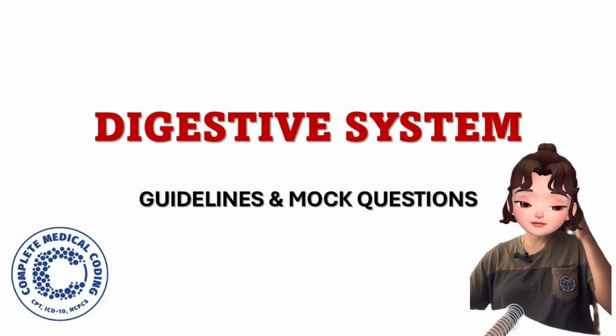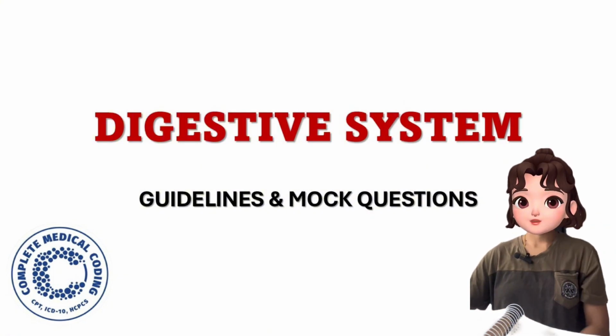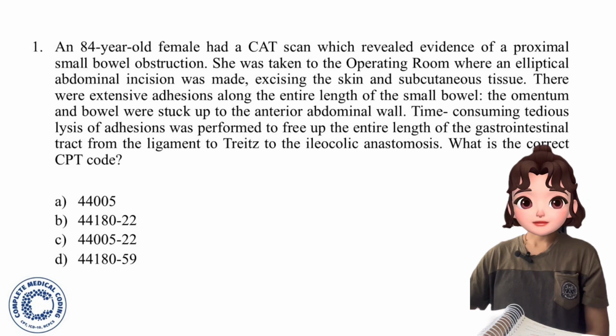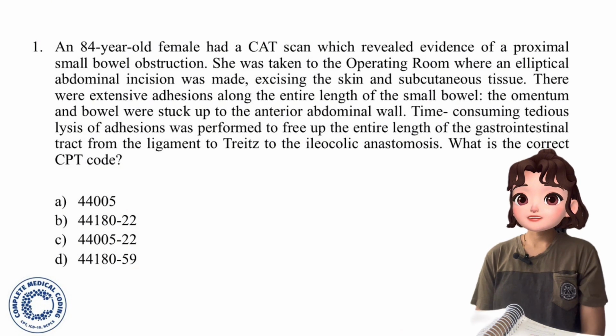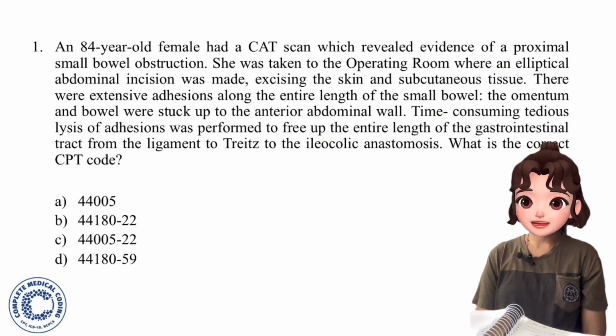Let's discuss the questions one by one. First question: an 84-year-old female had a CAT scan which revealed evidence of a proximal small bowel obstruction. She was taken to the operating room where an elliptical abdominal incision was made, excising the skin and subcutaneous tissue.